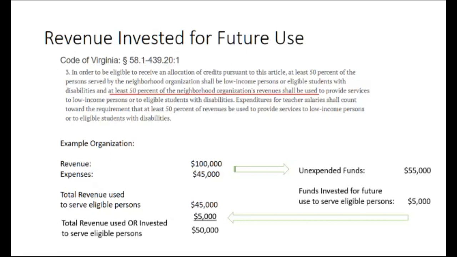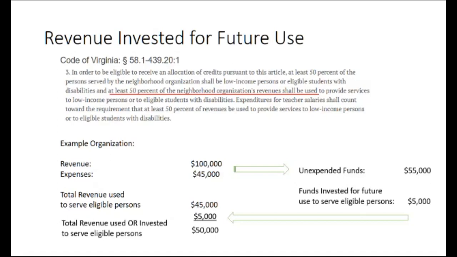Now, next year, we're going to take out 55,000 of whatever you spent because we already counted it as invested. So there is no value to having more than 50%. As long as you get to 50%, you qualify. So you don't need to show us that 100% of your revenue is going to be used. You just need to report enough to get over that 50% threshold.